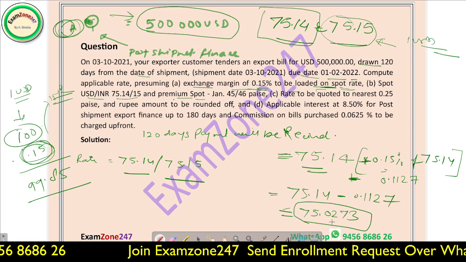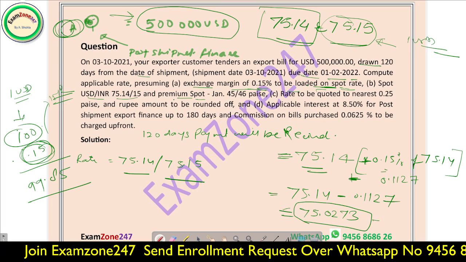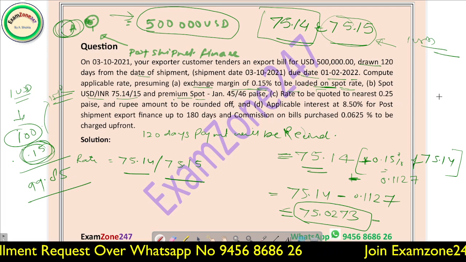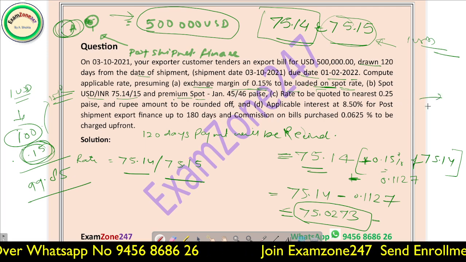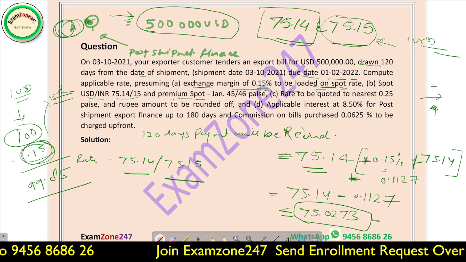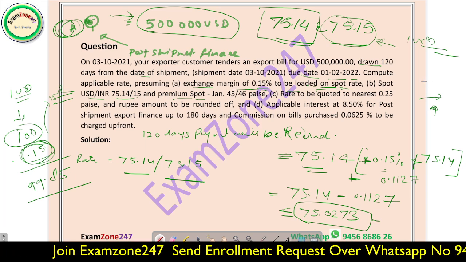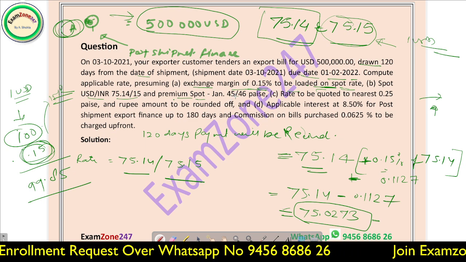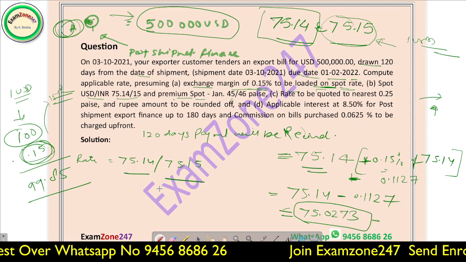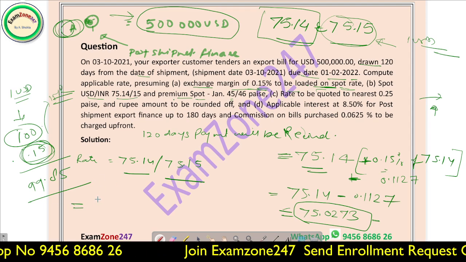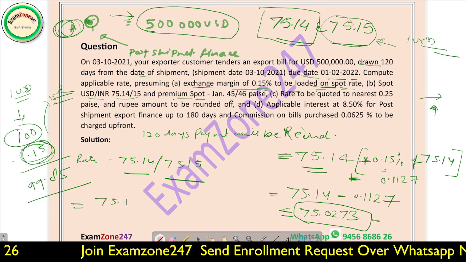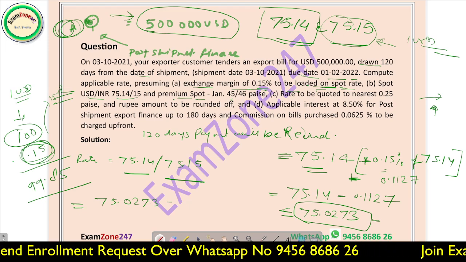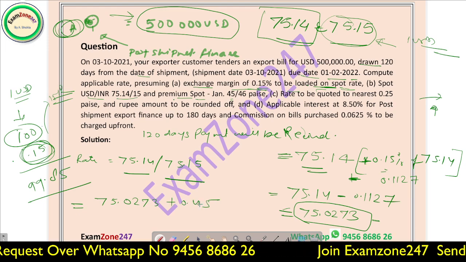See, this is your rate, but in this case you see that the currency is shown at premium, because in future when the realization will be there, the rate will go up. In this case the exporter will be in a beneficial position by 0.45. Means the actual exchange rate will be 75.0273 plus 0.45.